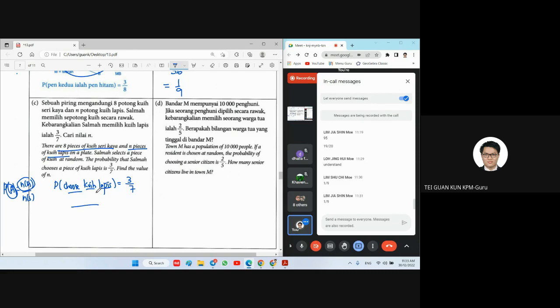So how many kuih lapis? N. N pieces. So we use n.